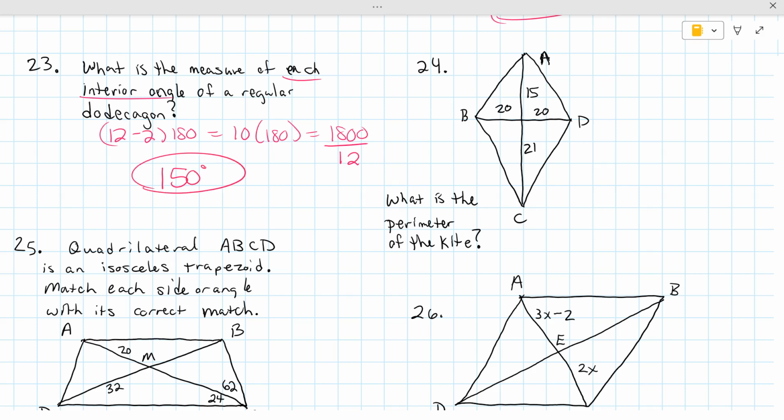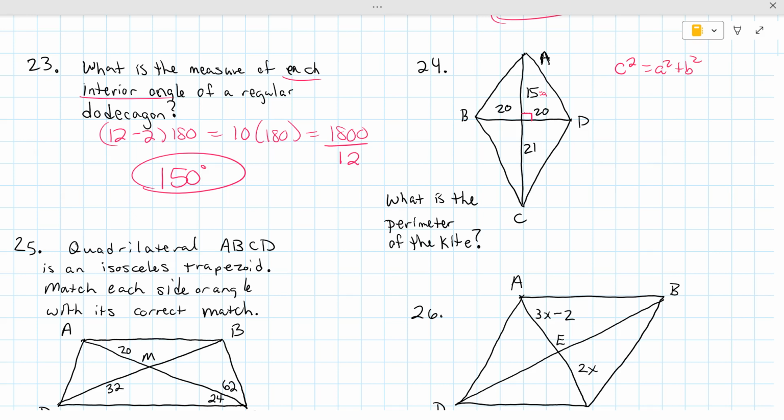What's the perimeter of this kite? Well, we know on a kite, the diagonals are perpendicular. If we know two sides of a right triangle, to find the third side, we have to use the Pythagorean theorem. C squared equals A squared plus B squared.